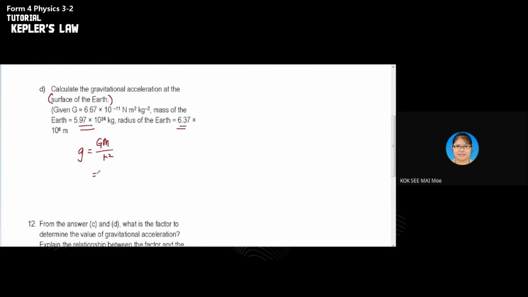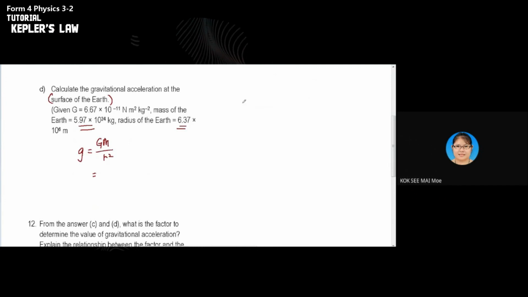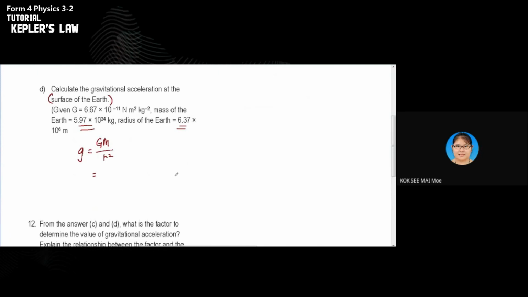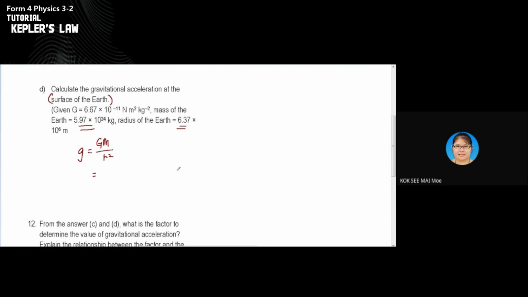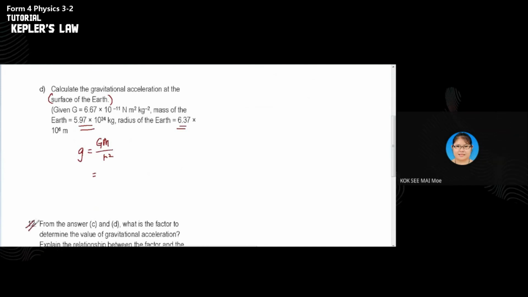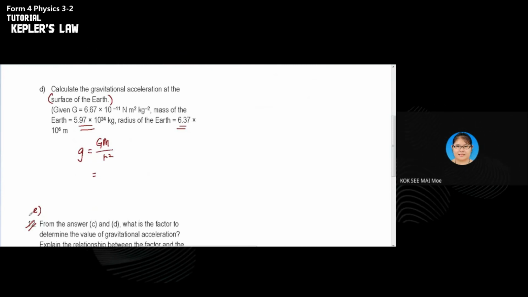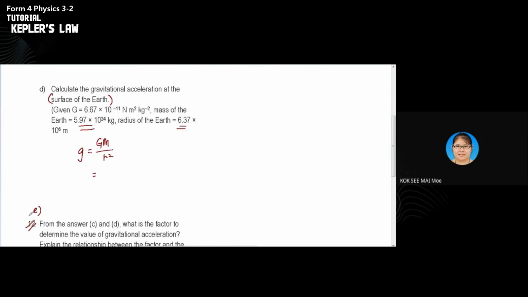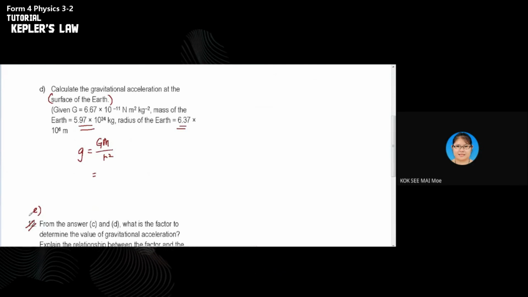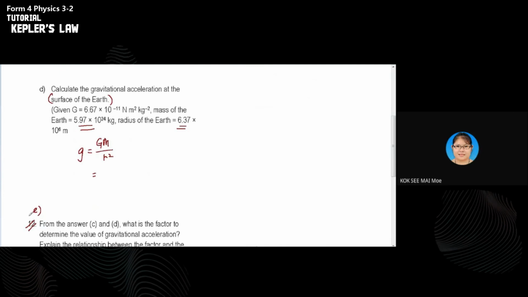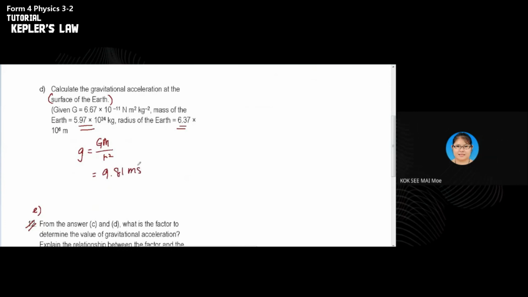Then you find the gravitational acceleration on the surface. 9.81, yes, 9.81 is exactly our gravity.